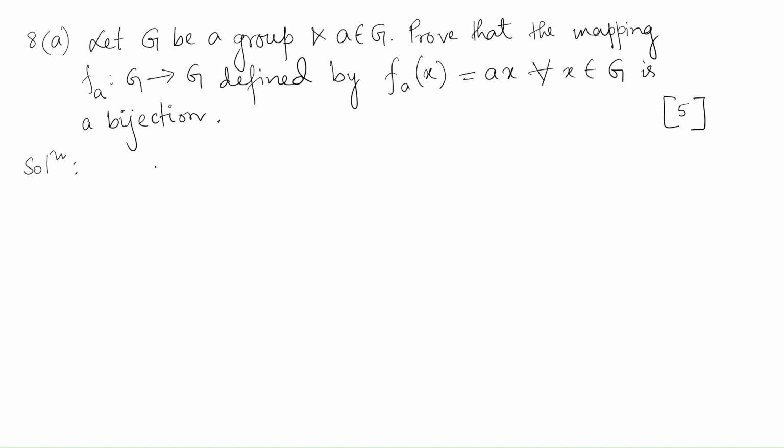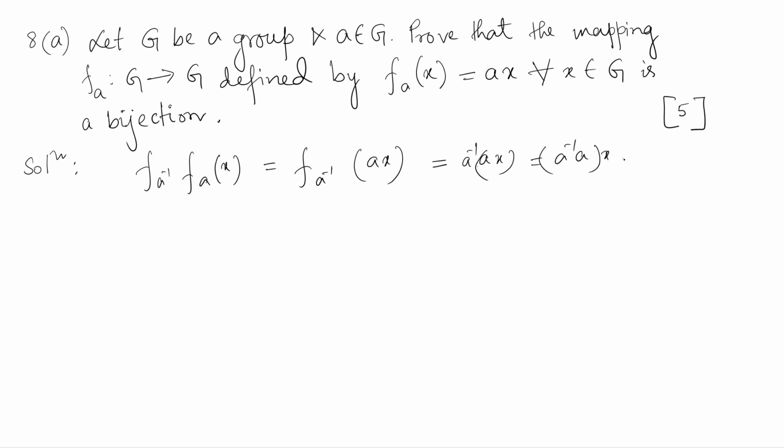Here it is given that f_a(x) equals ax. So f_a inverse of f_a(x) is f_a inverse of ax, and this is a inverse a x, which is x only.